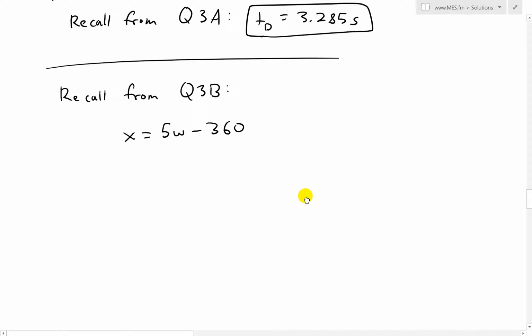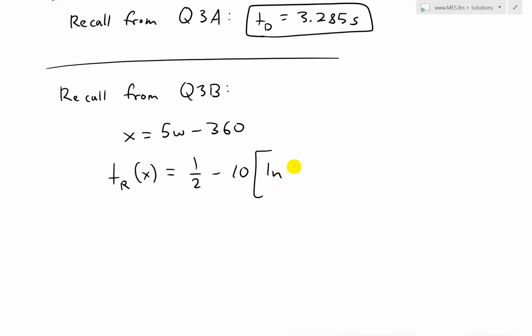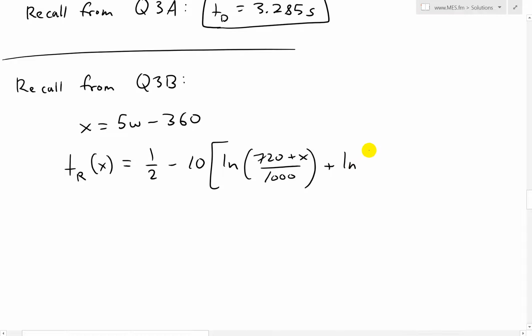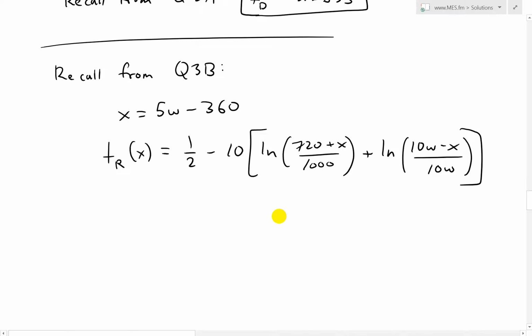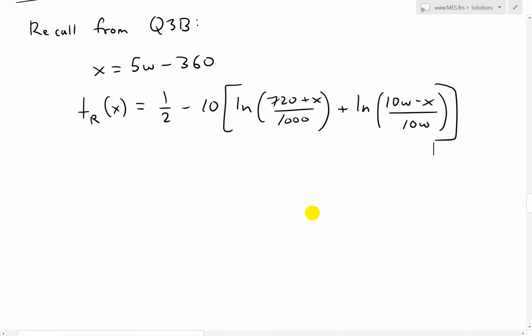Also recall from question 3 part B that the relay time is a function of X, and this equals 2 1/2 minus 10 times ln of 720 plus X over 1000, plus ln of 10W minus X over 10W. It's just a big formula like that.